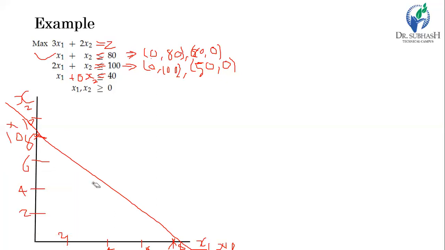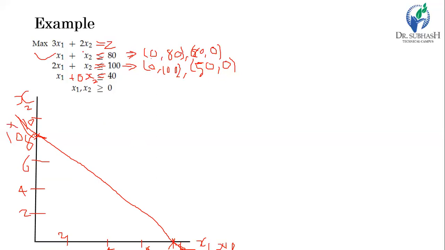Let's say this is not passing through both points. Let's consider a line which passes through both these points. Now the important thing is to determine in which area our solution lies.